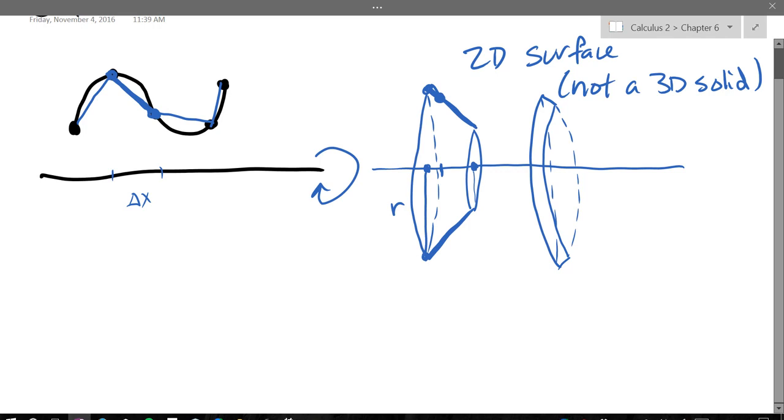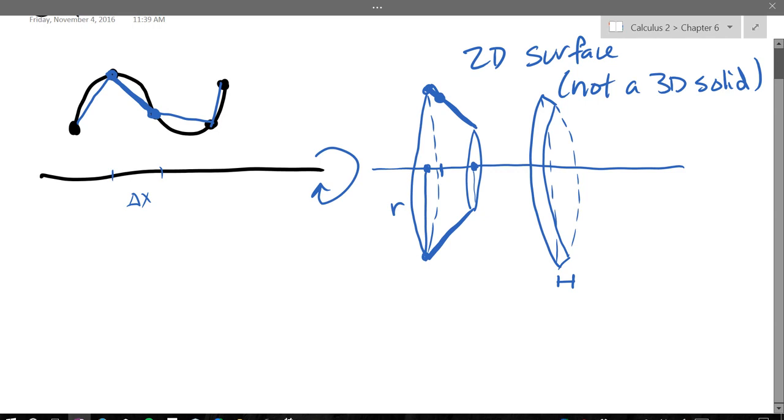Now, normally I would measure the height with a measurement that would look like this right here. That's how we measured before when we were doing volumes. We're going to do something a little bit different here for surface area, and this is the only tricky part. We're not going to take this measurement parallel with the x-axis.